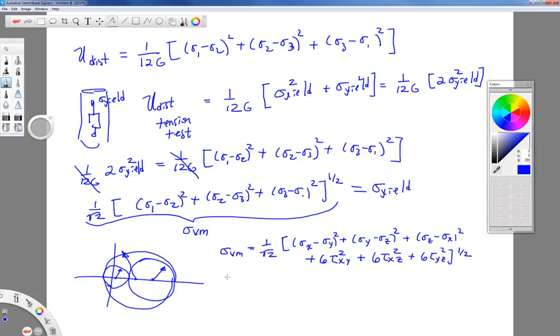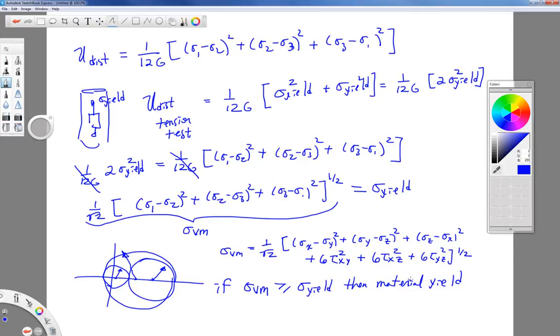All right, so that's how we get this failure criterion. If what you calculate for your multi-axial stress state is greater than or equal to the yield strength, then the material is predicted to yield. Yielding is important for a couple of reasons.